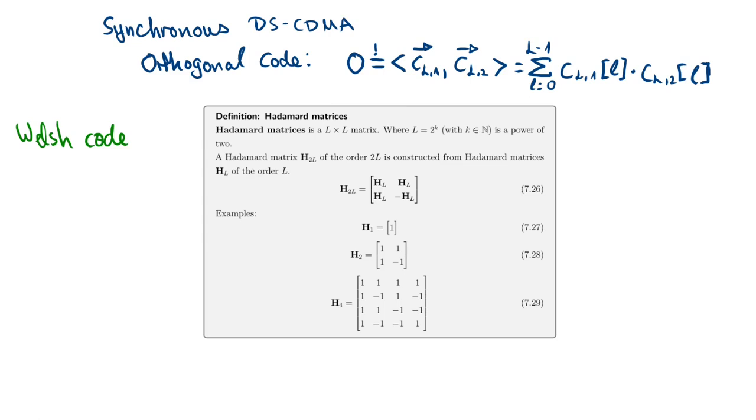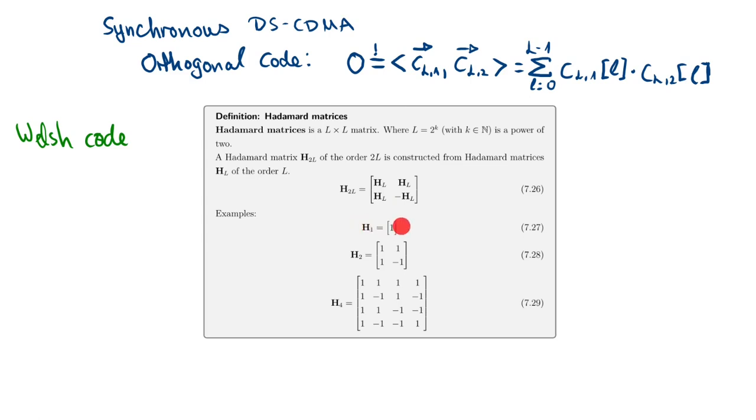They have a special structure. A Hadamard matrix is constructed of other Hadamard matrices with half of the order. Here's an example.